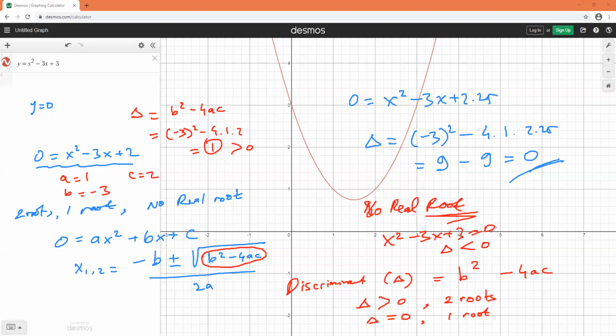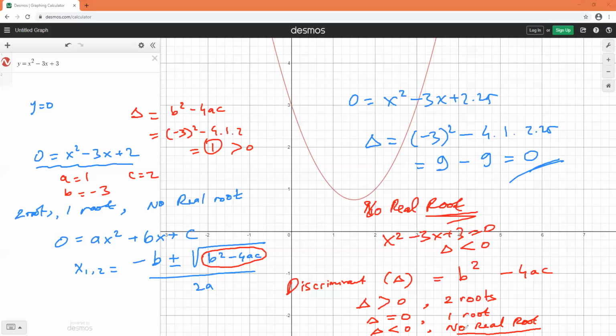So that's the third case, where the discriminant is smaller than 0 and we don't have a real root. In future discussion, we can work with this situation further when we learn the so-called complex numbers. But at this moment, let's not worry about this final case, where you have no real root, or we call it an imaginary root.